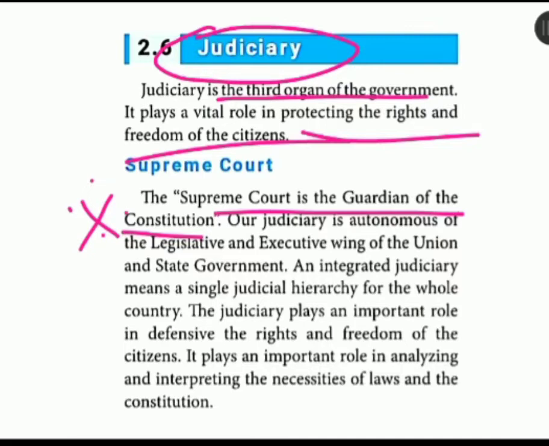Independent from the legislative as well as the executive wing of the union as well as the state government. Our judiciary is independent from the legislative as well as the executive wing of the union as well as state government.